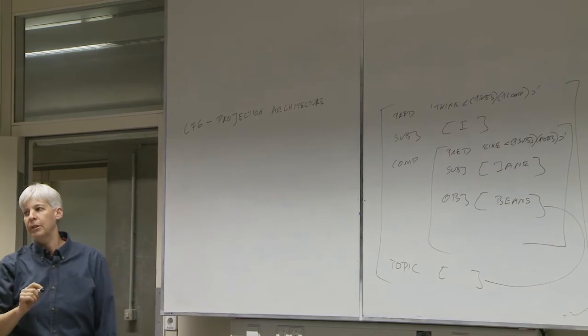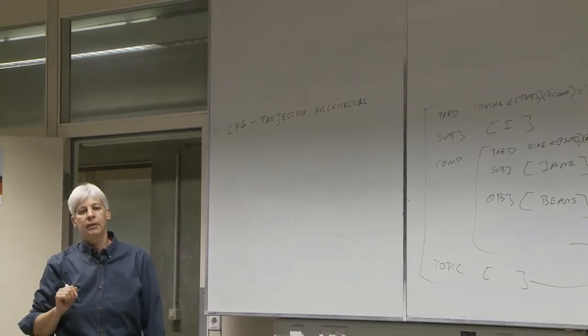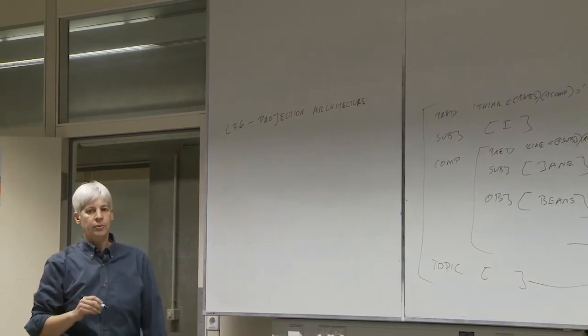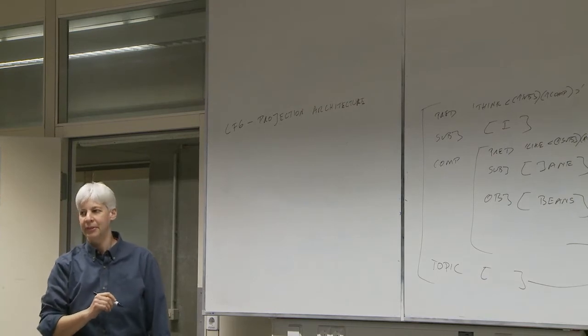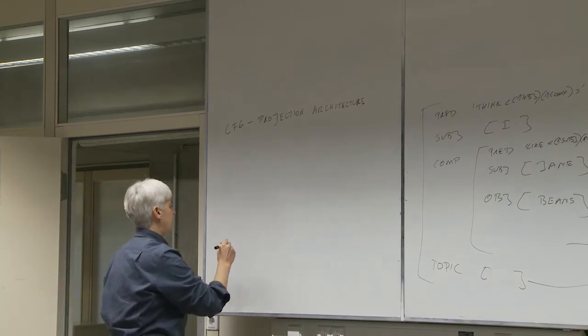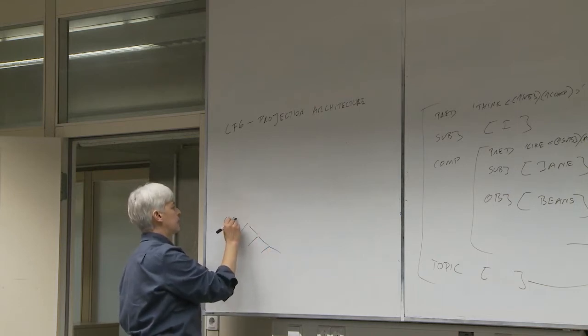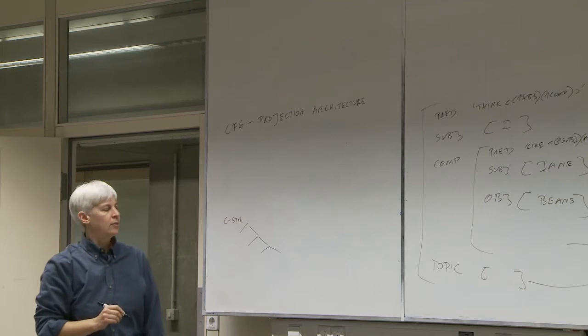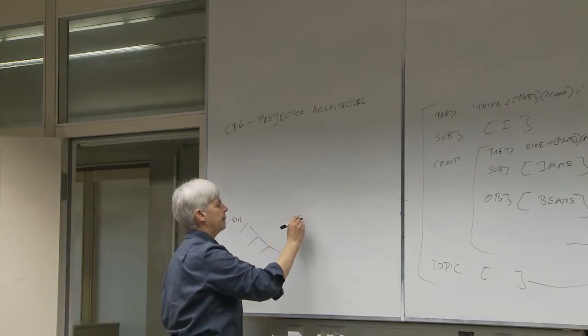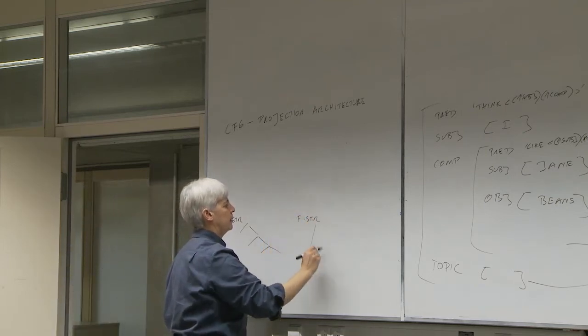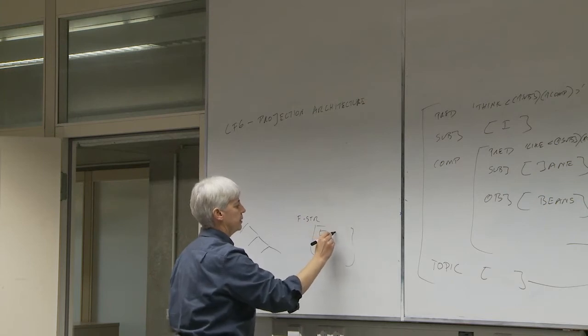Okay, and we've been working with this all along. But I'm not sure you guys know what this means, really. No. So we have a C structure, right? And we have an F structure with some stuff in it.